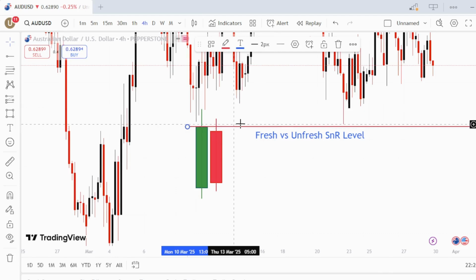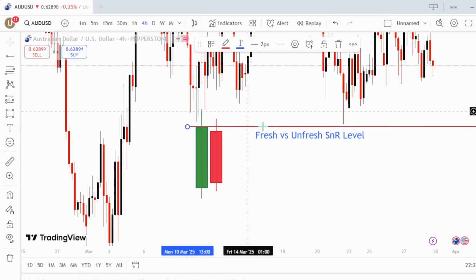In case price wants to go further up, the next candle that comes here will be a bullish candle, and it will close above these levels. When that happens, you know that price is not ready to go down anytime soon. Price still wants to go further up.